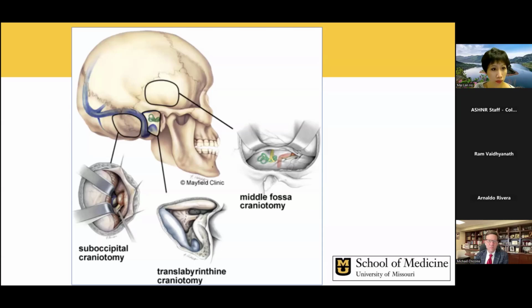Middle cranial fossa is for small to medium-sized tumors that are basically in the internal auditory canal. When hearing is not worthwhile preserving, or when the tumor is 2 centimeters or larger, it's worthwhile considering non-hearing preservation approaches, translabyrinthine craniotomy being the most common one that we use.